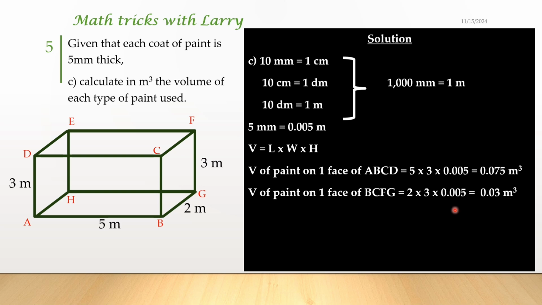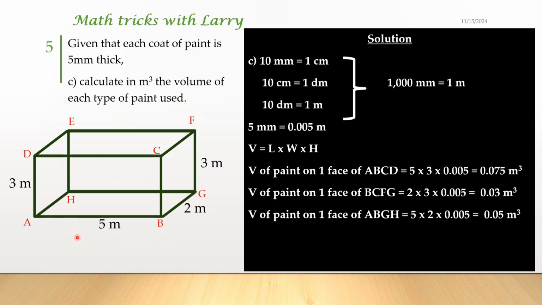Now, for the bottom of this cuboid, the volume of paint will be given by length times width times the height of the paint, because the length is given by AB, the width is given by BG, and the height of paint on that bottom is 0.005 meters, and that gives us 0.05 cubic meters.